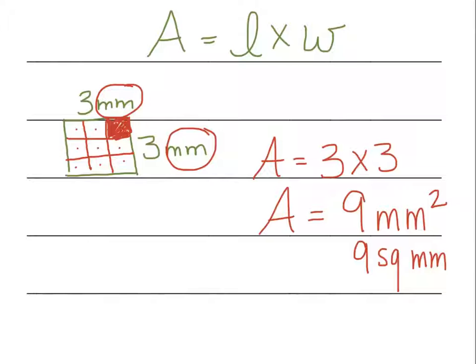So if you know that it's going to be whatever your measurement is squared, either writing it as millimeters squared or square millimeters, area, length times width, label the measurement squared.